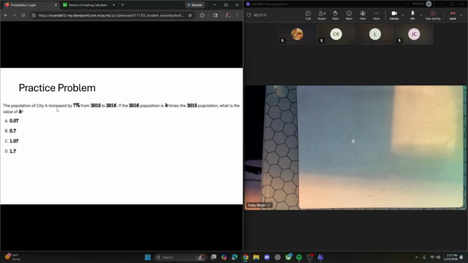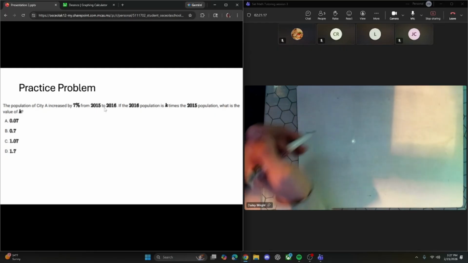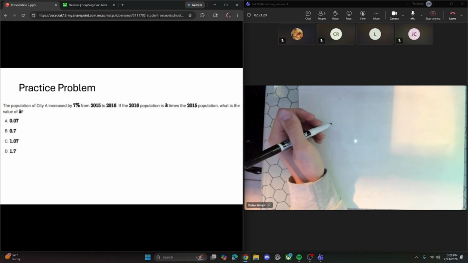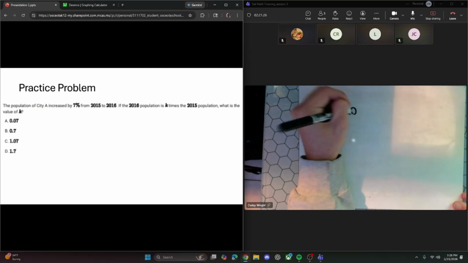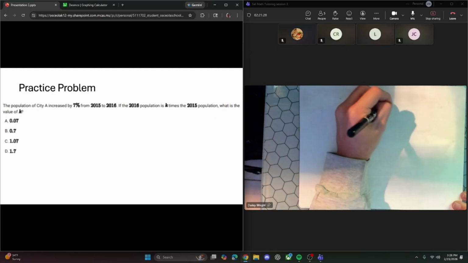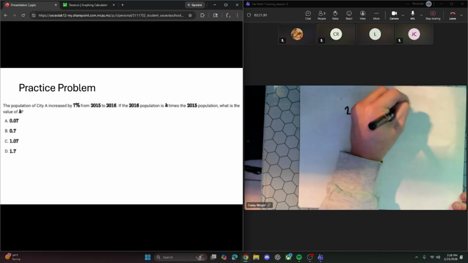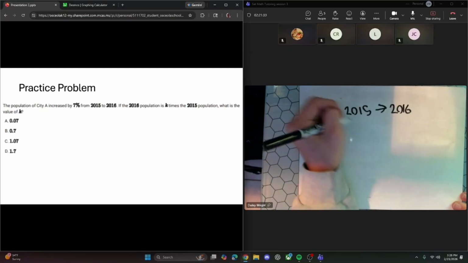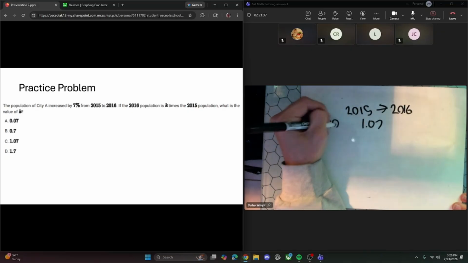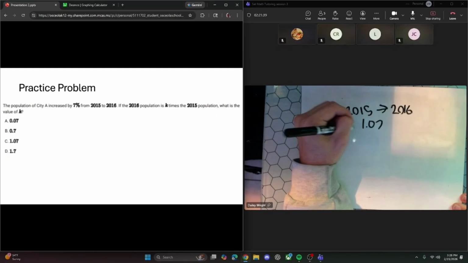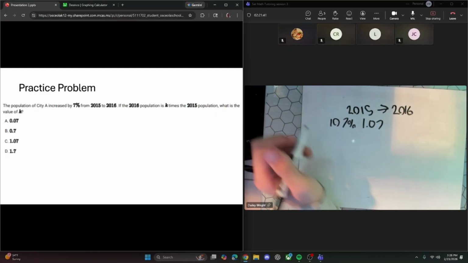The population of city A increased by 7% from 2015 to 2016. So increased by 7% means 100% plus 7%. So from 2015 to 2016, it went to 1.07, 107%, or 1.07 times 2015.